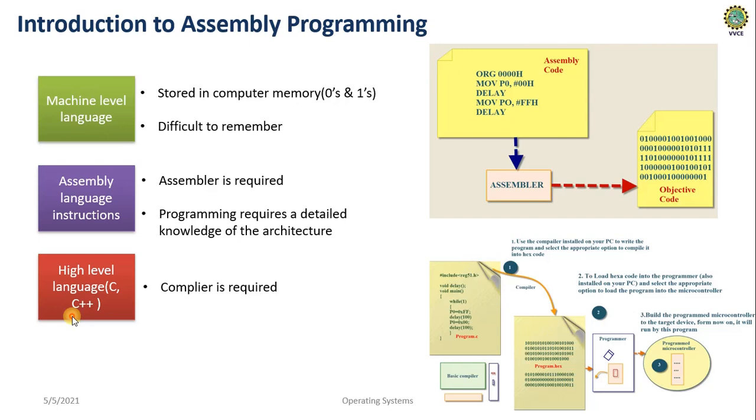But if you are using C programming, you don't have to know the complete details of the hardware, because the compiler that we use to convert your C program into machine level language will take care of all these things. So irrespective of the hardware, even if you don't know much about the hardware, you can easily write the code.